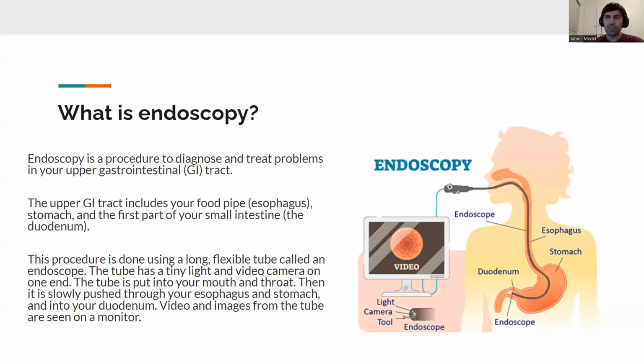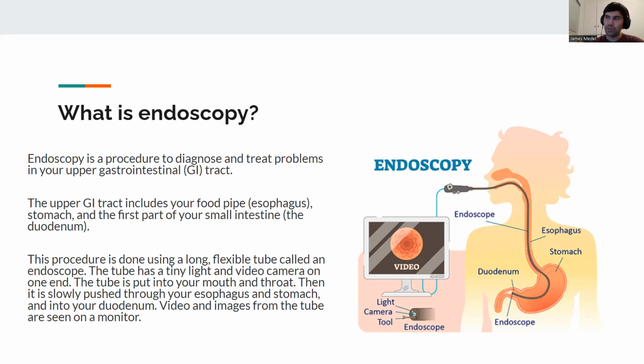One of the procedures that we can use to deal with these lesions is called endoscopy. This requires using a flexible tubing device called an endoscope that has a light, camera, and a tool typically known as a cutter at the end of it.